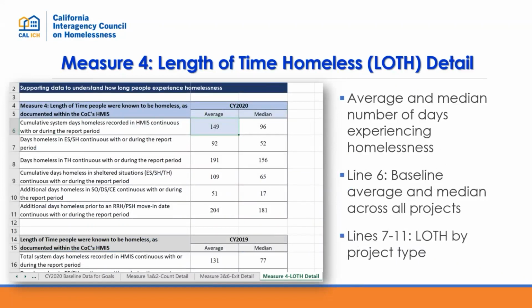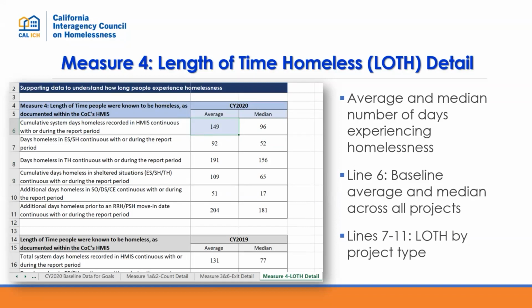Lines 7 to 11 report the average and median days homeless by the project types in which people were served: emergency shelter or safe haven projects, transitional housing, any cumulative days homeless across shelter, safe haven, or transitional housing projects, plus any additional days homeless in street outreach or other non-residential projects, or additional days homeless while enrolled in rapid rehousing or permanent housing projects.